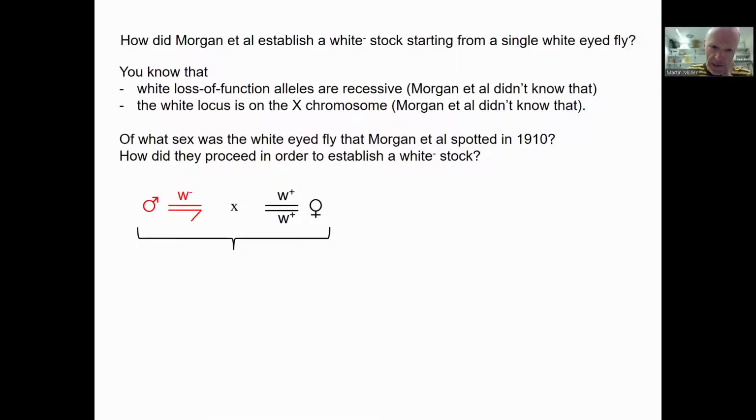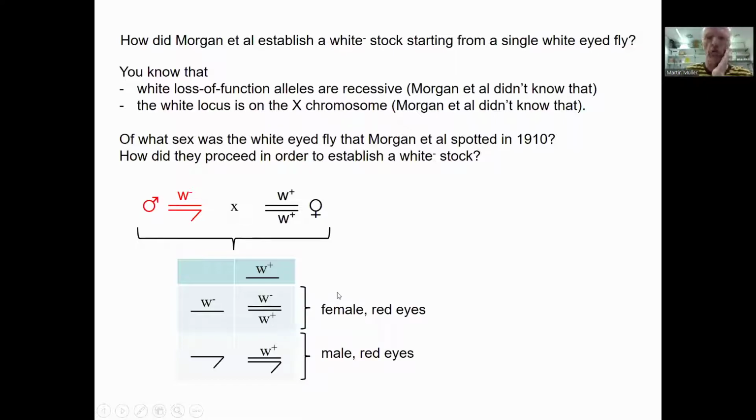And now when you make the Punnett square for this very simple cross, you can see that the male produces 2 kinds of sperm, whereas the female produces one kind of egg, white plus. And if you then write the zygotic versions which come out of this cross, it's of 2 types, the females, which have red eyes, and the males, which also have red eyes. So all of a sudden, the nice white-eyed flies have disappeared.